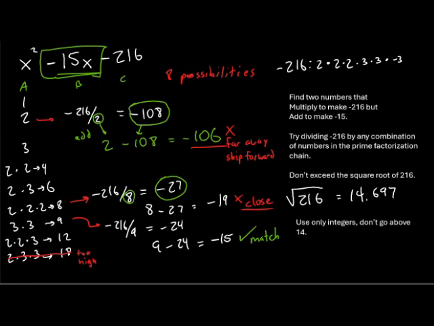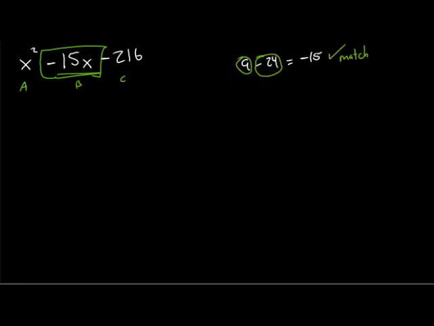This means in order to factor, we will use positive 9 and negative 24 as our numbers. Now that we know positive 9 and negative 24 give us the negative 15, which is a match, we will now split that trinomial into 2 parentheses. The first parentheses will be x plus 9 for our first factor, and the other parentheses will be x minus 24.